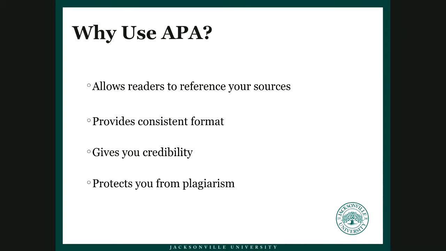It also provides a consistent format, so everyone in your class will be citing the same way. So it's easy for your professor to make sure that all the papers are cited correctly in APA format and that everyone's using the same style, which makes it very convenient.